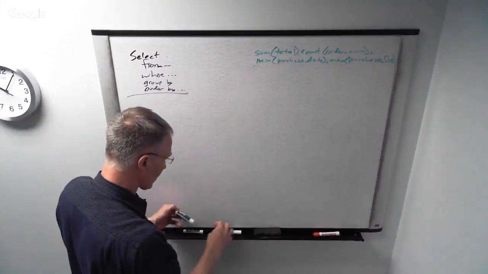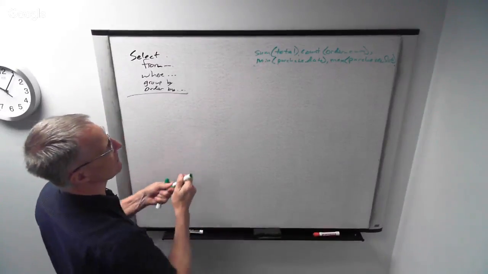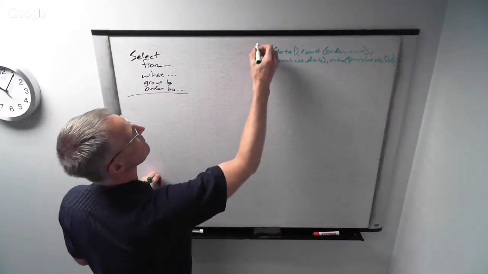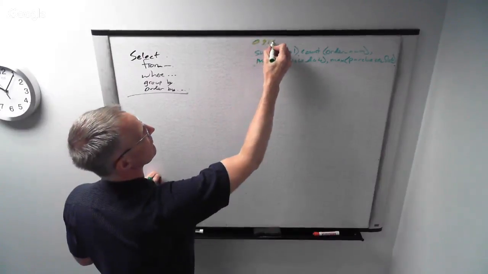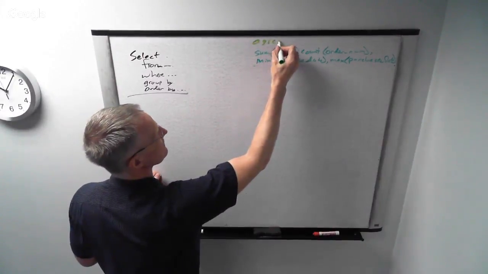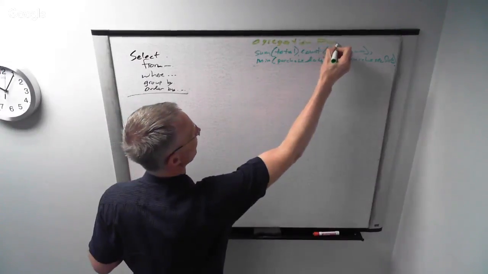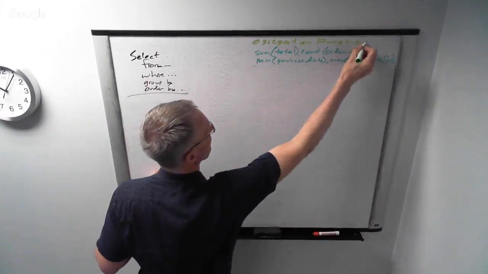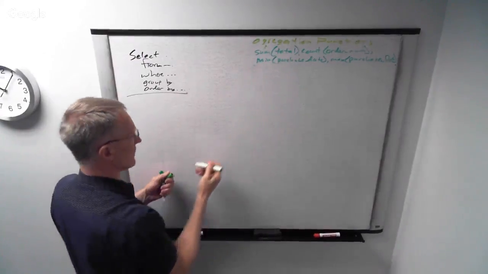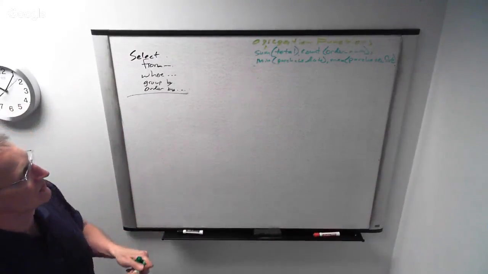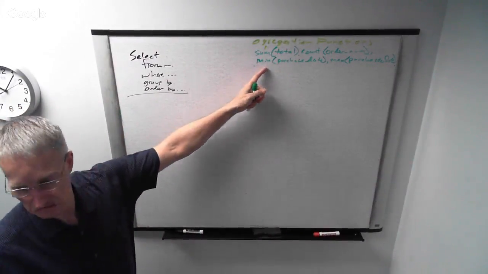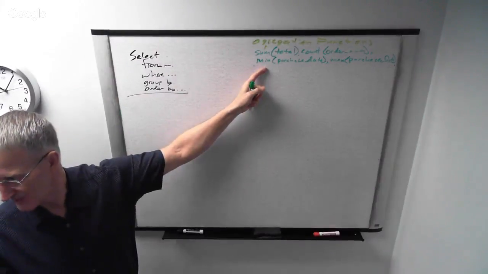So that's the terminology that's over here. These are all aggregation functions. Okay, and we could have done min on something alphabetic like cities.